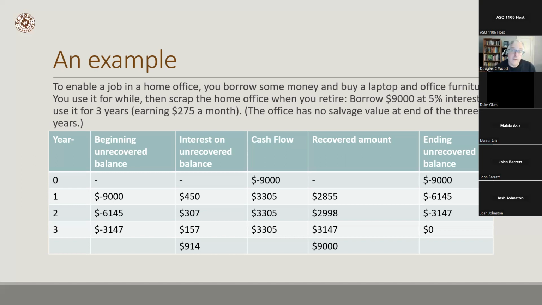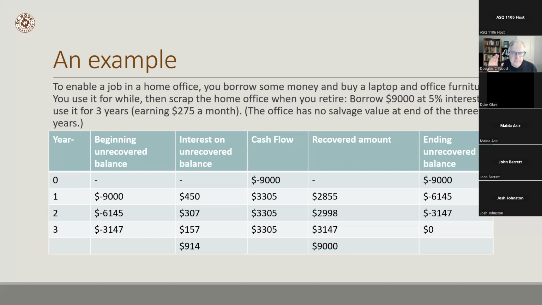And then 3305 again is what you made that year. And so now it's 2998 amount recovered. And you can see here that at the end of 3 years, you have actually recovered the full 9,000. So 3305 over 3 years equals 9,000 plus the 914 of interest.